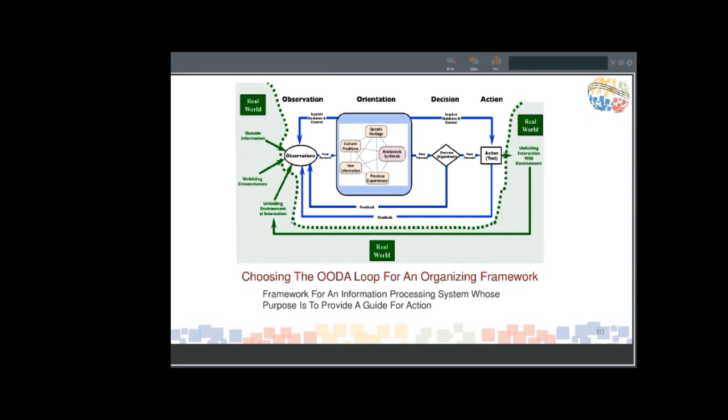Even though it looks sequential from left to right, throw that out of your brain right now and think of it as four activities that have relationships between them and are operating concurrently all the time. That's really what's behind the OODA, and its whole purpose in life is to provide some kind of a guide for action.